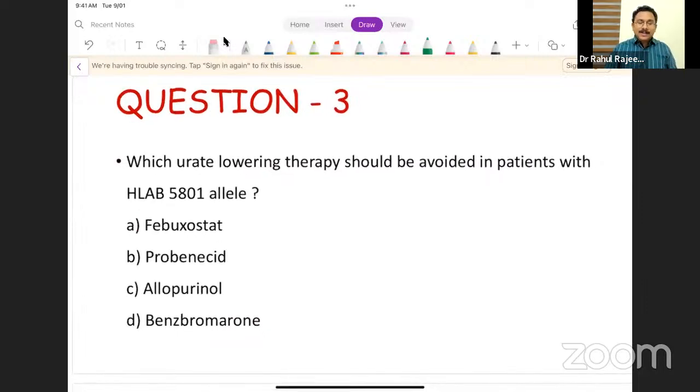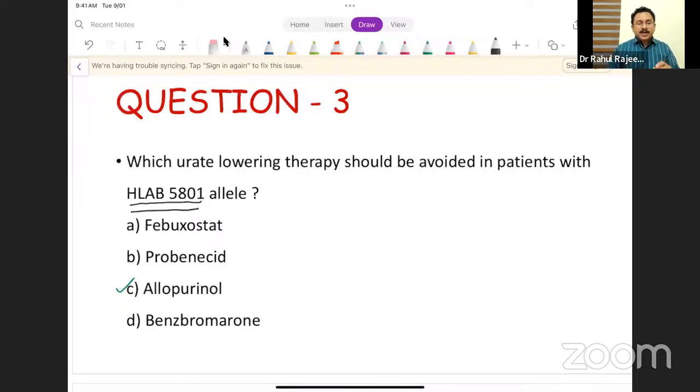Okay. Question number 3. Which urate lowering therapy should be avoided in patients with HLA-B5801 allele? See, the answer to this question is option C, allopurinol. So why is allopurinol avoided in patients who are having HLA-B5801 allele?